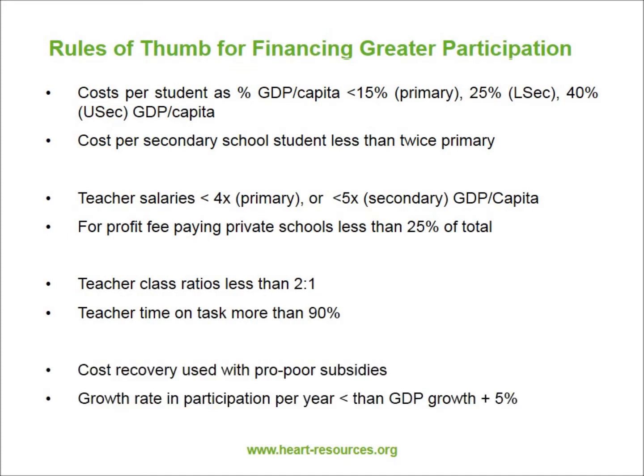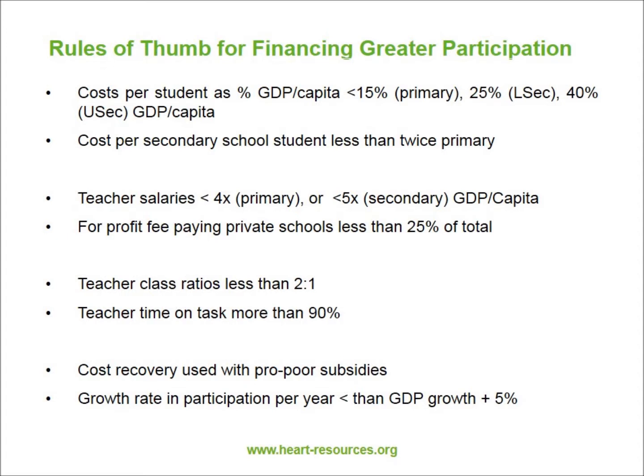And the last couple of rules of thumb, which I think may be useful, is that wherever possible, of course, cost recovery options should be used, but coupled with pro-poor subsidies. Secondary school systems generally are regressive. They're inhabited by children from upper quintile households more than lower quintile households.